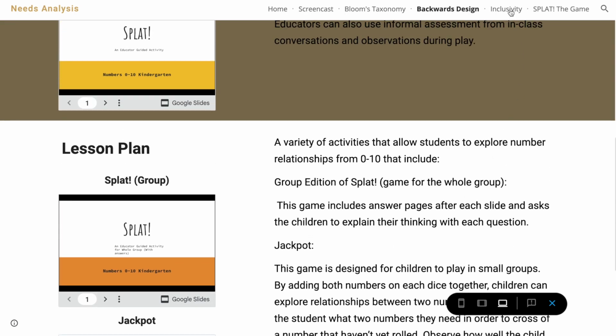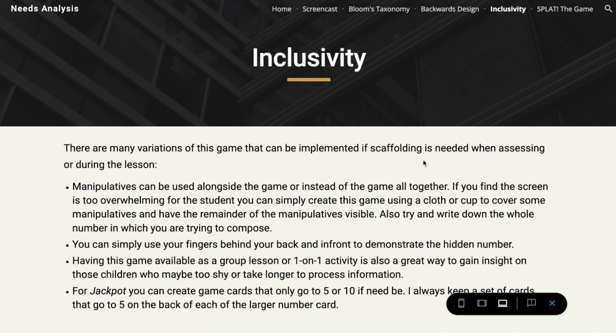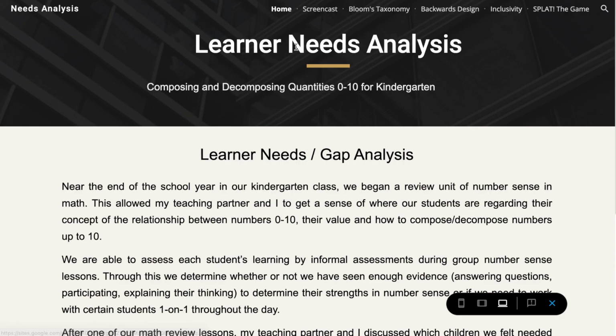You can always make it only go to 5 or so, which is explained here in our inclusivity page. There's lots of ways to help children who need scaffolding in these games, including manipulatives or just simply using your hands and fingers.